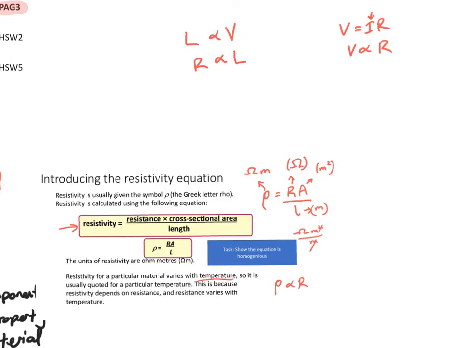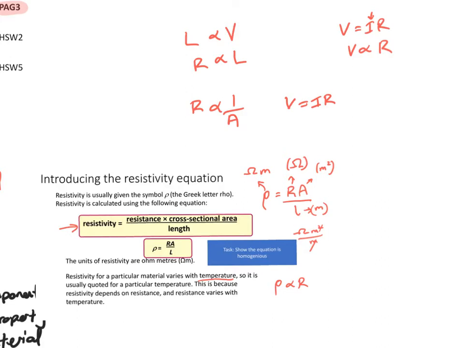cross-sectional area. Now, if I increase the cross-sectional area of a wire, the opposite happens. The resistance will drop. And that's because for any potential difference, if I double the cross-sectional area, I will double the current going through it. So in this case, the resistance is inversely proportional to the area.